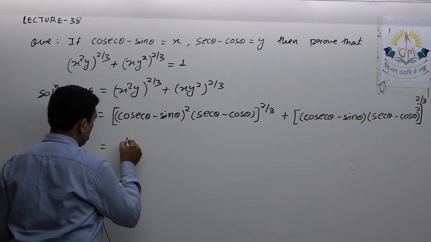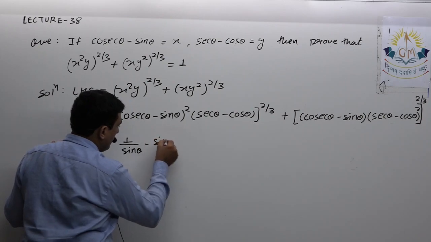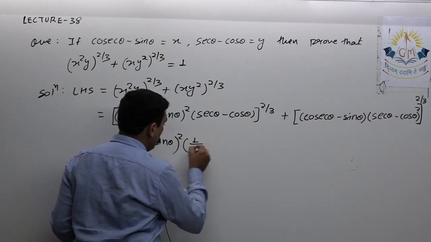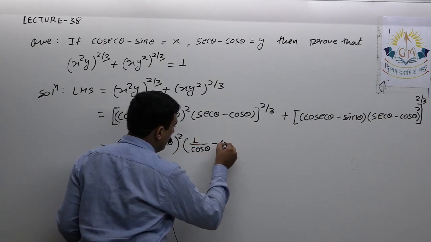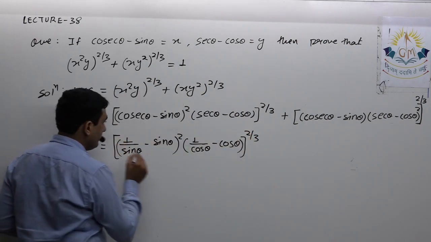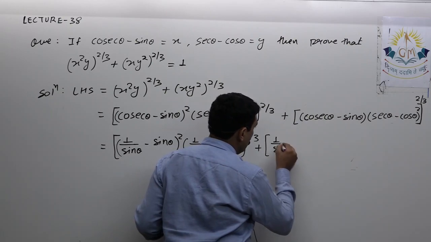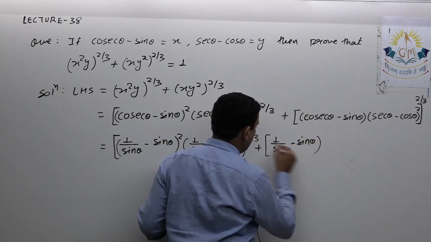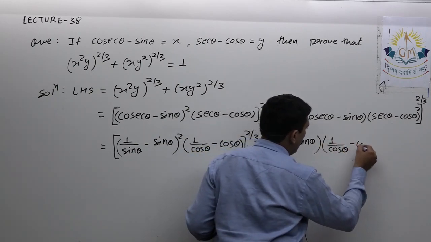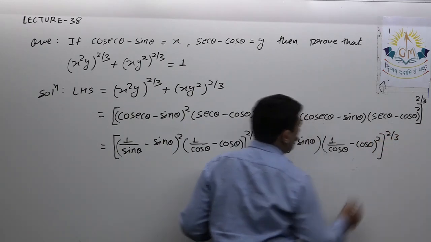Okay, so I will convert into the form of sine and cos. So something like this I will get, square into 1 upon cos theta minus cos theta raised to 2 by 3, plus 1 upon sin theta minus sin theta multiplied by 1 upon cos theta minus cos theta whole square, raised to 2 by 3.